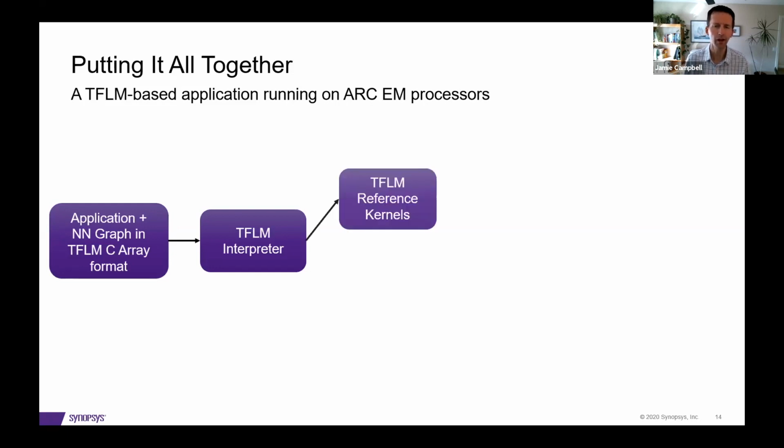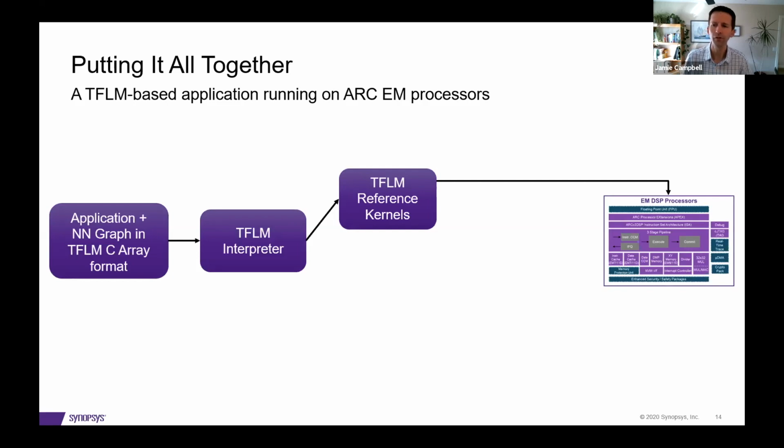Now, in order to do that, there's a couple of things it can do. Out of the box, TFLM ships with a bunch of reference kernels. So these kernels can be compiled for any architecture and run on them. So we could directly run the reference kernels directly on the EM9D processor.